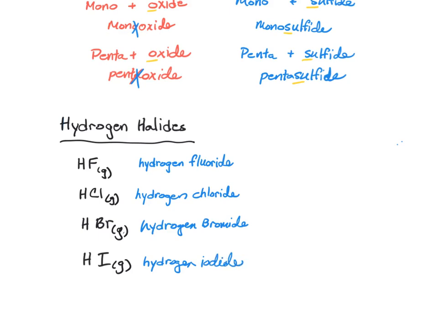But if any of these were dissolved in water, we can put a little AQ after each one of these to show that they've been dissolved in water, and we'll talk more about that in Chapter 4. If they're in water, the name changes. So HF, instead of being called hydrogen fluoride, is called hydrofluoric acid.